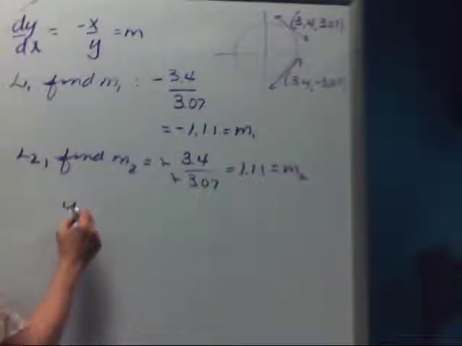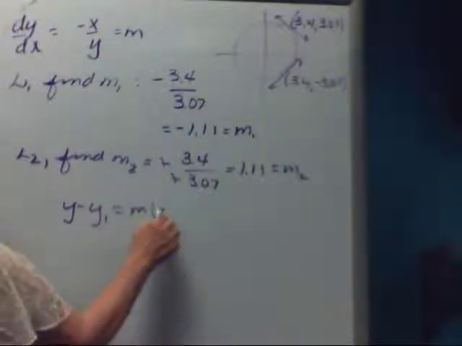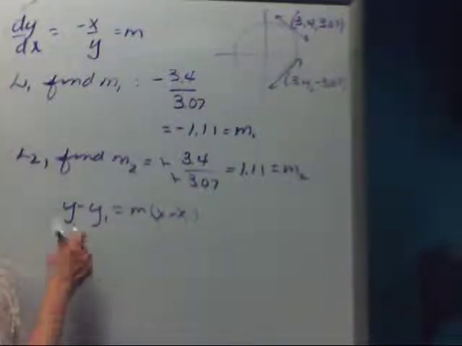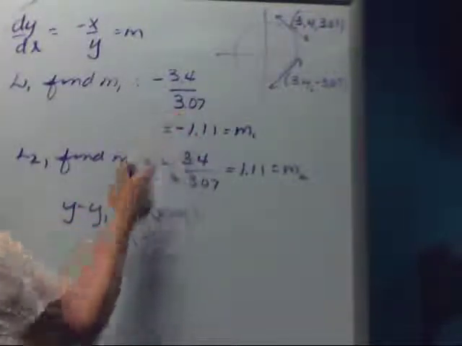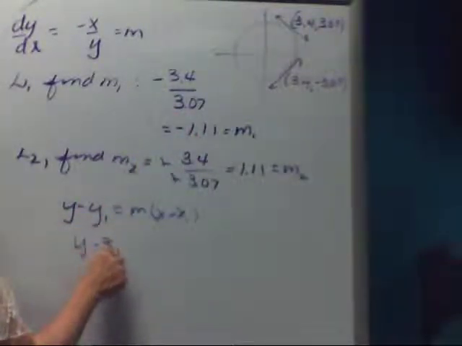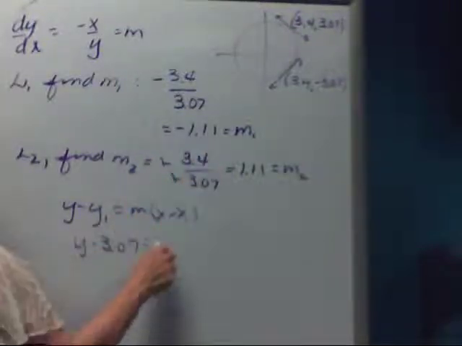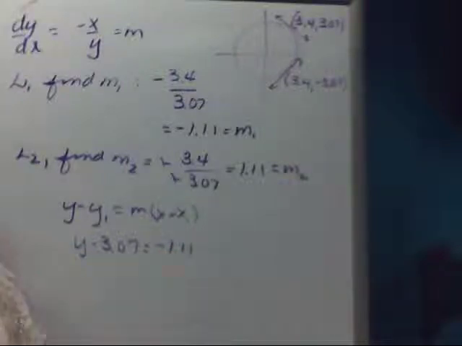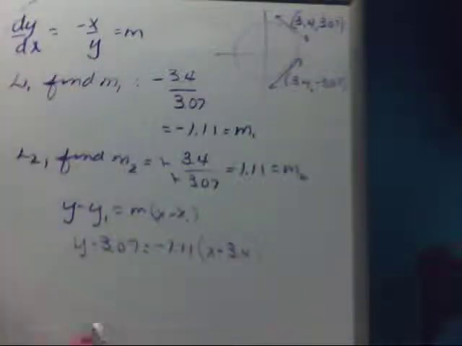So we're going to use point slope formula. And take the first line. We know y there is 3.07. Our slope is negative 1.11. x stays in the equation, and 3.4 is our x1.